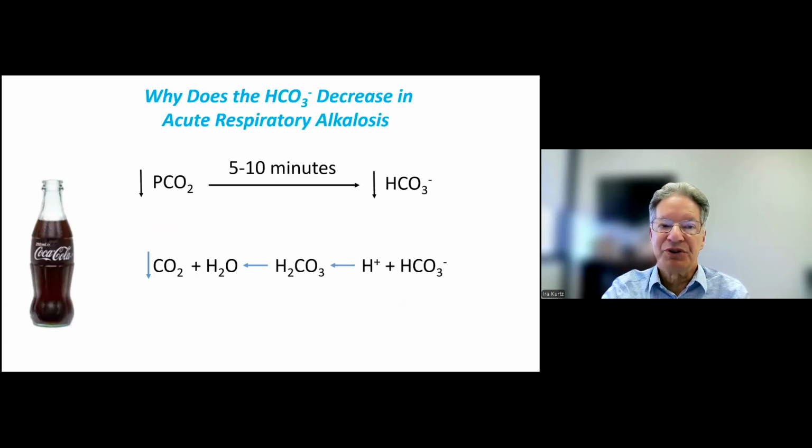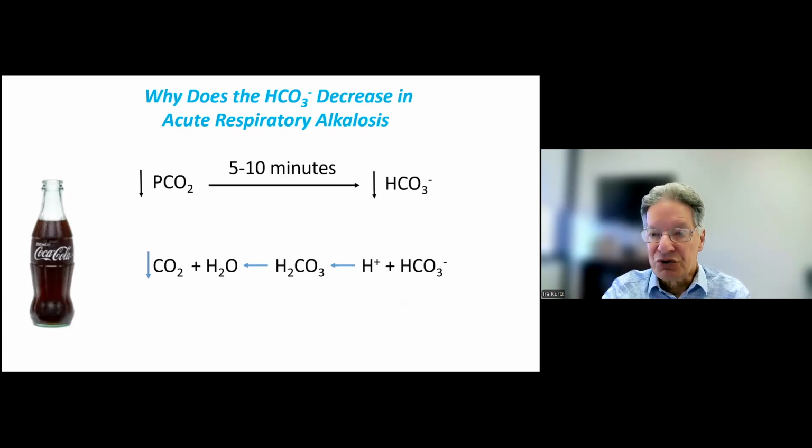Now, in acute respiratory alkalosis, the same thing occurs as would occur if you uncapped a bottle of Coca-Cola. The PCO2 would drop. And what happens is, if you look at this equation at the bottom, as you drop the PCO2, you drive this reaction towards the left. And you actually drop the bicarbonate concentration.